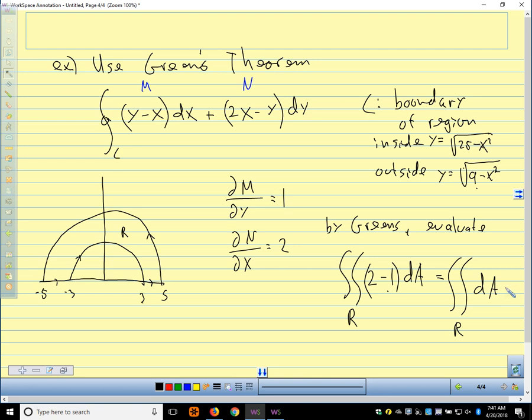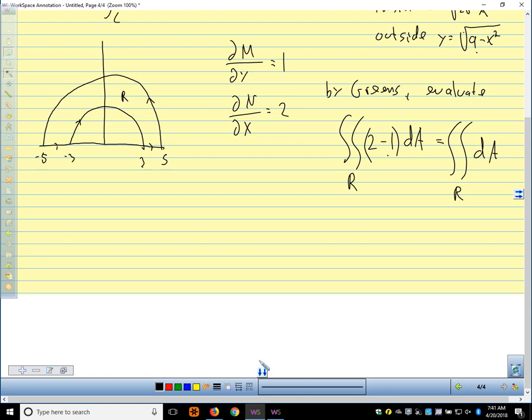And the double integral over our region of dA is what? What is that thing geometrically? That's the area of the region. Area of R. Well, we can do that without even integrating, can't we?